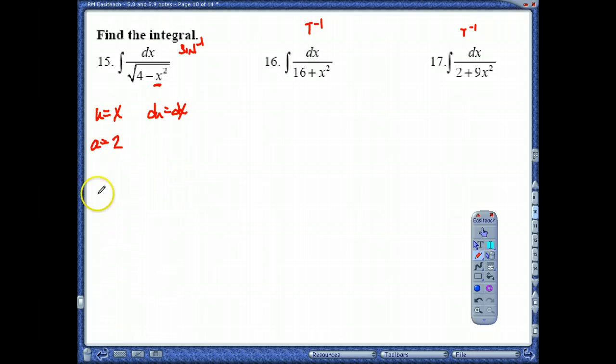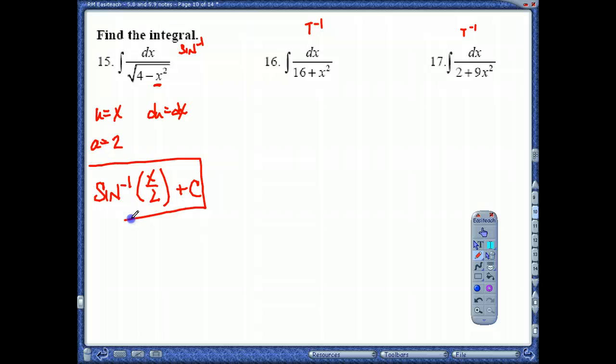So when I find the inverse sine, there's no coefficient there, so it's just inverse sine of u divided by a, so x divided by 2. And don't forget your plus c, because this is indefinite integration. So that wasn't bad at all. I know some of you are saying, just wait.